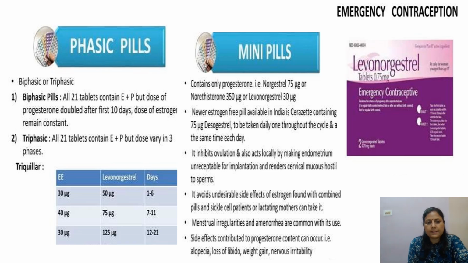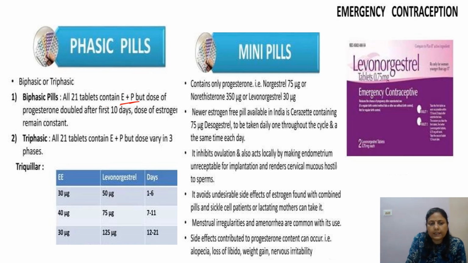Next, phasic pills. Phasic pills means biphasic and triphasic. Biphasic means all 21 tablets contain estrogen plus progesterone, but the dose of progesterone is doubled after the first 10 days. The dose of estrogen remains constant.